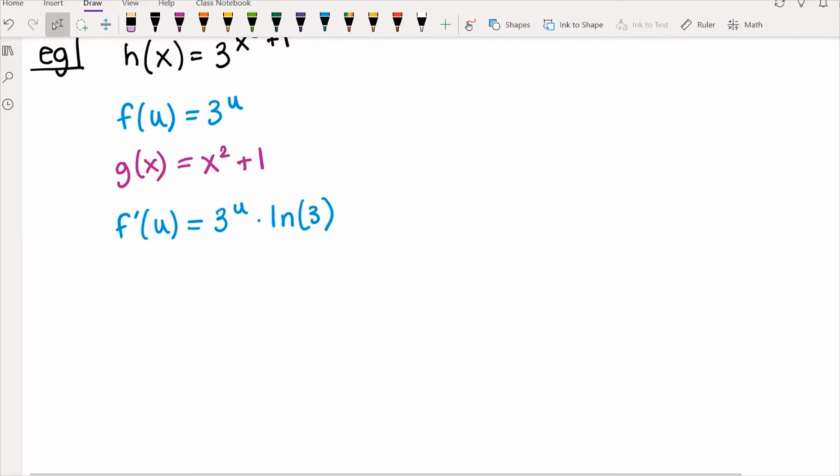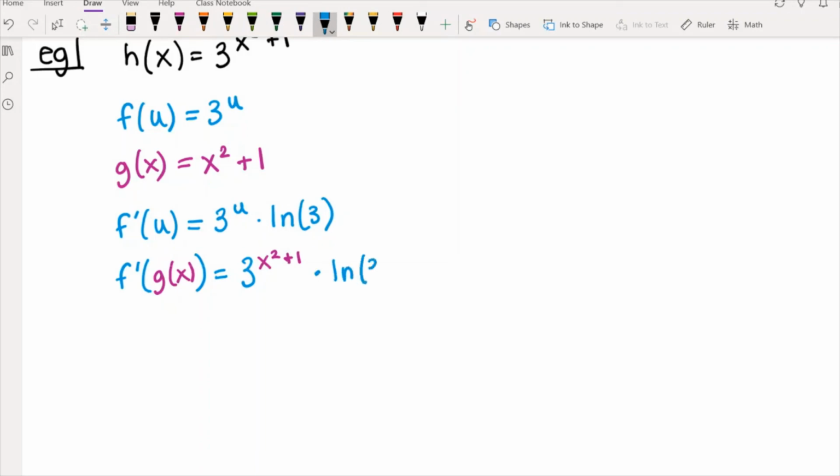Okay, and so now we're going to put back in our original inside function. So we're going to get 3 to the x squared plus 1 times ln of 3. And we're not plugging anything different into ln of 3 because ln of 3 is just a number, right? There's no variable in there to plug anything into. And then the derivative of the inside function is going to be just 2x.